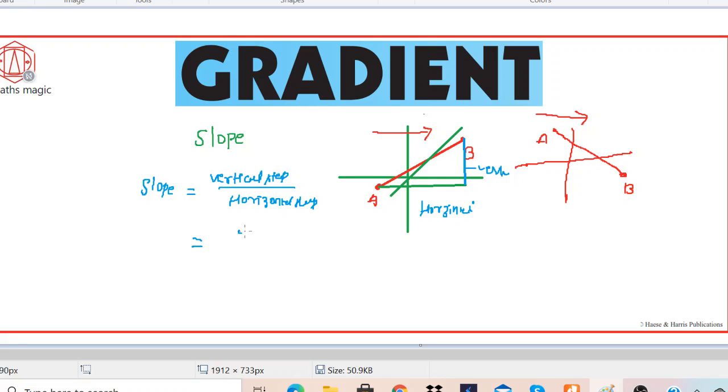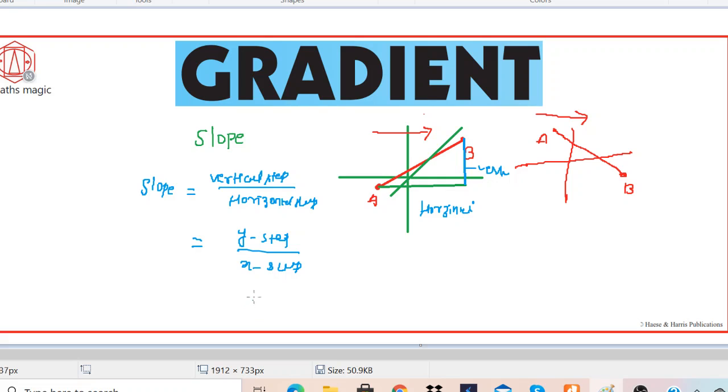We have another name for this: y steps upon x steps. Basically, how many steps you have to take in the y direction upon how many steps you have to take in the x direction, or the ratio of that, is called slope.